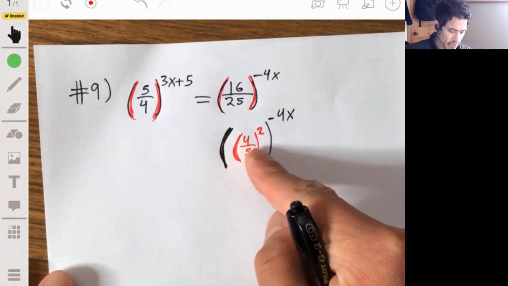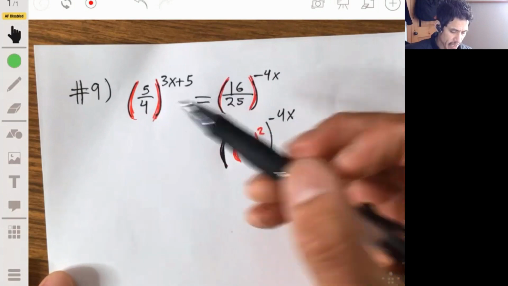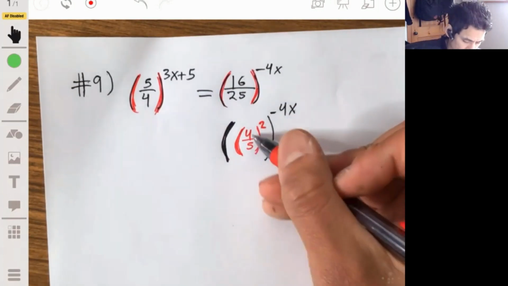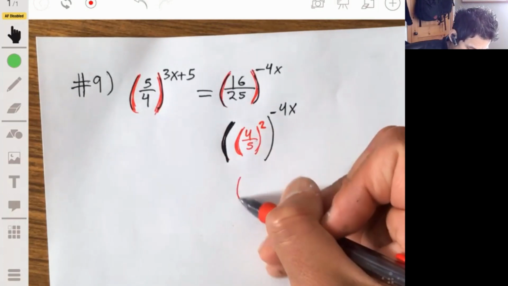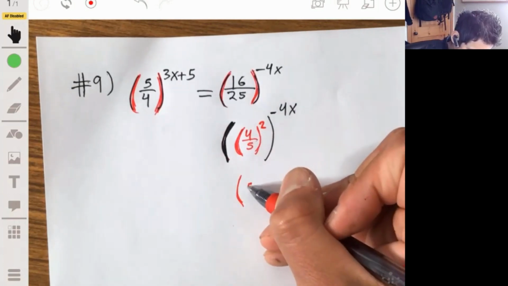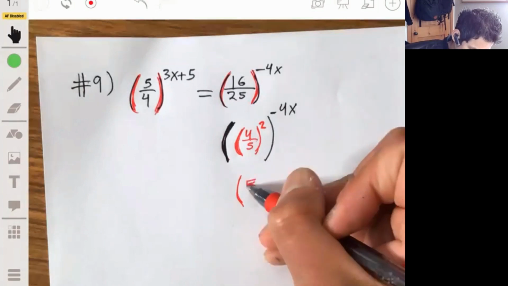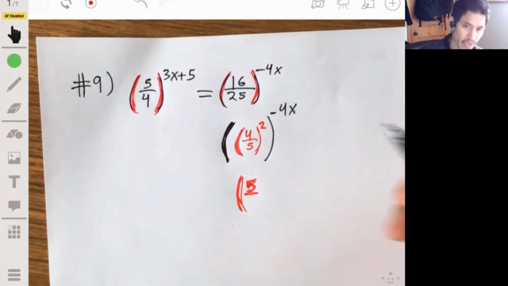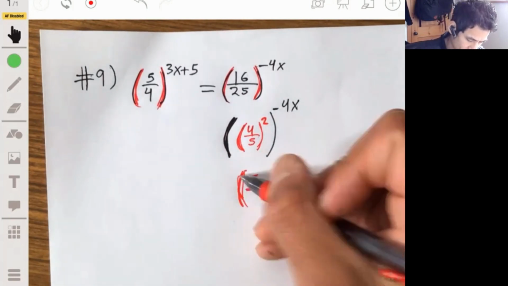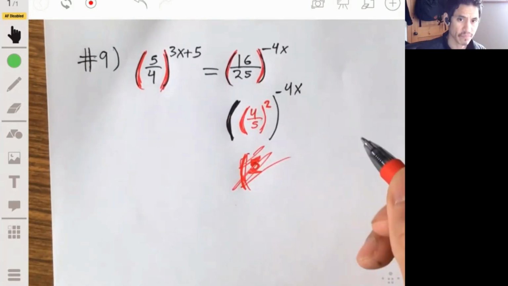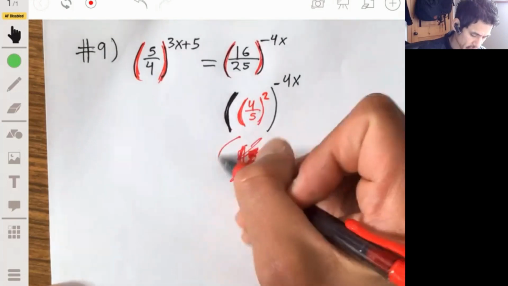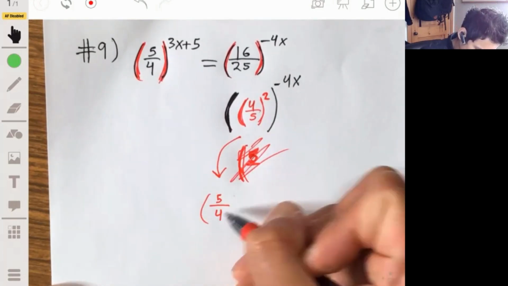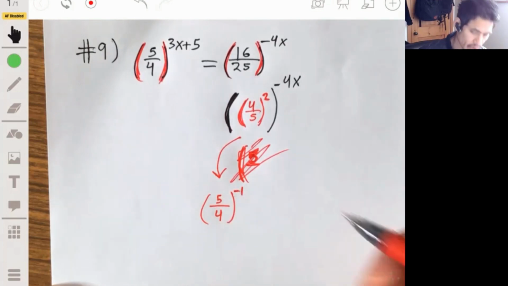And now 4/5 is the same as 5/4 to the negative 1. So I'm going to rewrite this 4/5 as 5/4 to the negative 1 power.